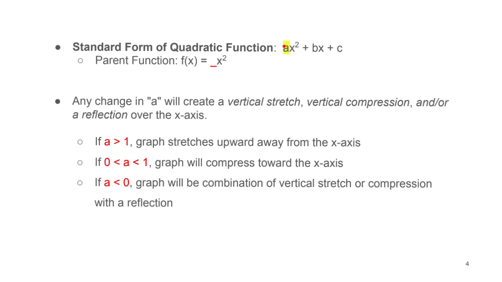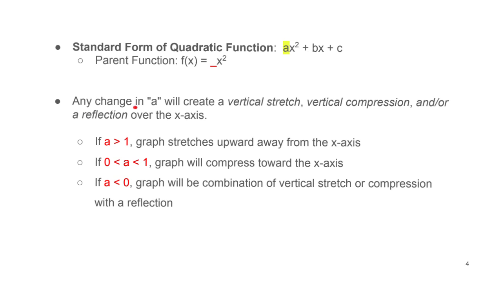When that value changes, remember the value of a can't be 0. So when that changes, something happens to the parabola. The parent function is f of x equals x squared. This is just telling you that variable a could be any number.